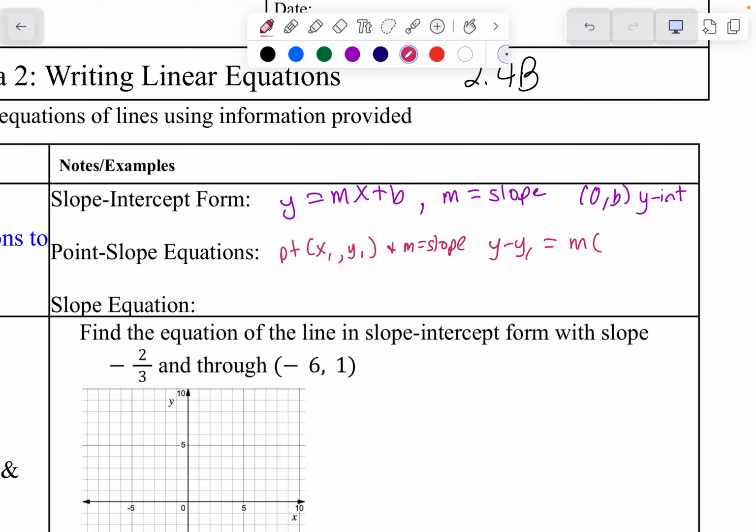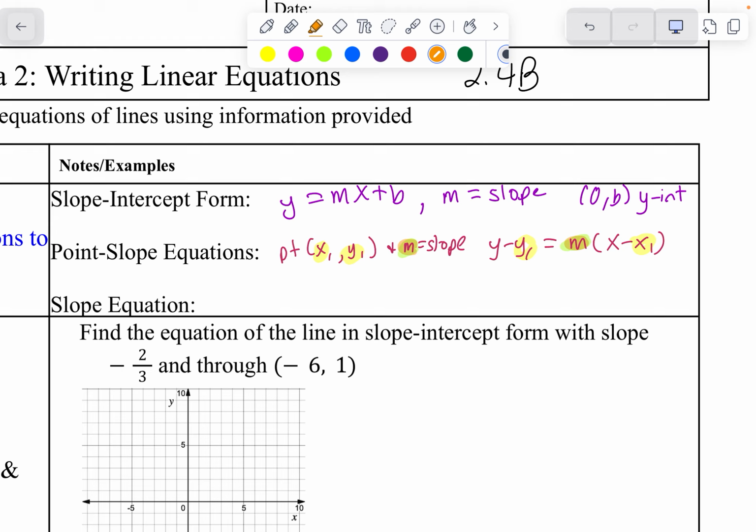Now the point you're plugging in, the x1, y1, is here and here, okay? And then the slope that you're plugging in is here. It's a very nice way to take a point and a slope, plop it in, and then you've got an equation. Now, here's the problem, though.